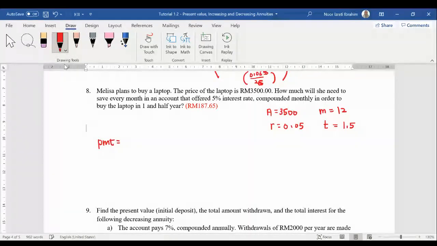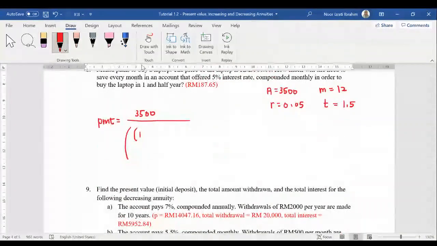PMT equals A, 3,500, divided by 1 plus R over M, 0.05 over 12, to the power of MT, 12 times 1.5, 18, minus 1, divided by R over M, 0.05 over 12. Then you can get the answer 187.65.